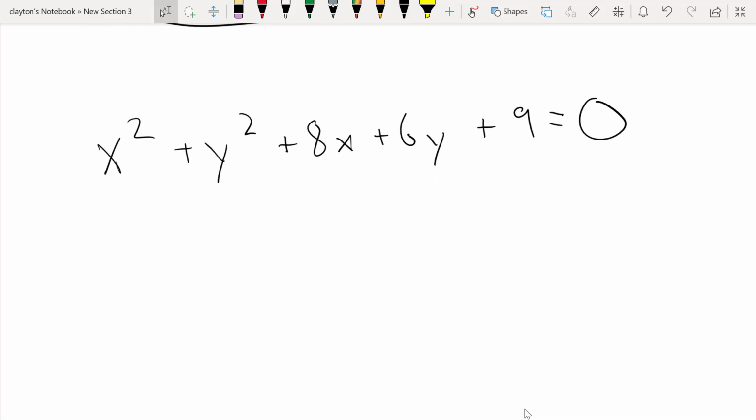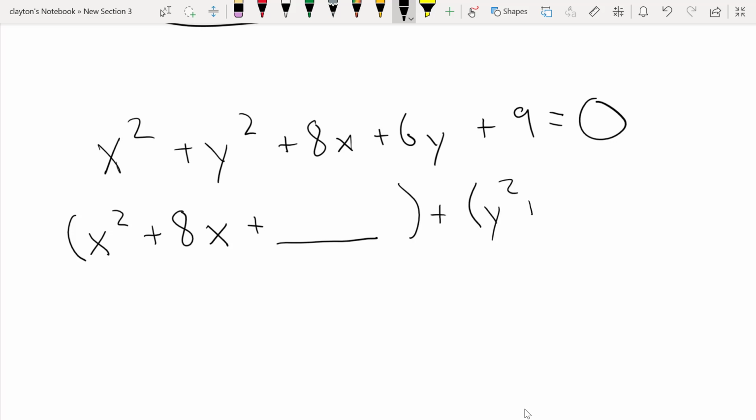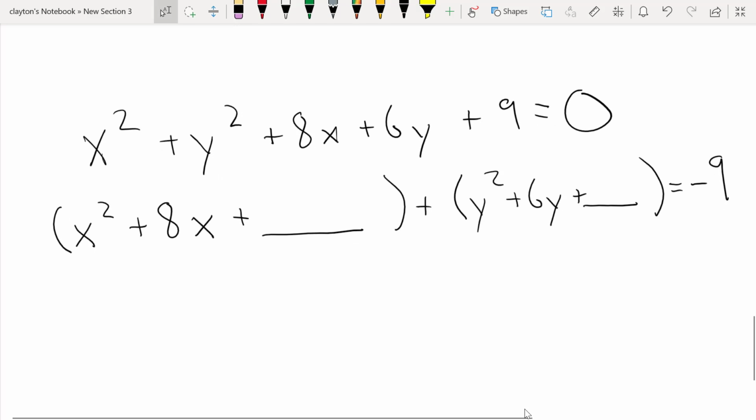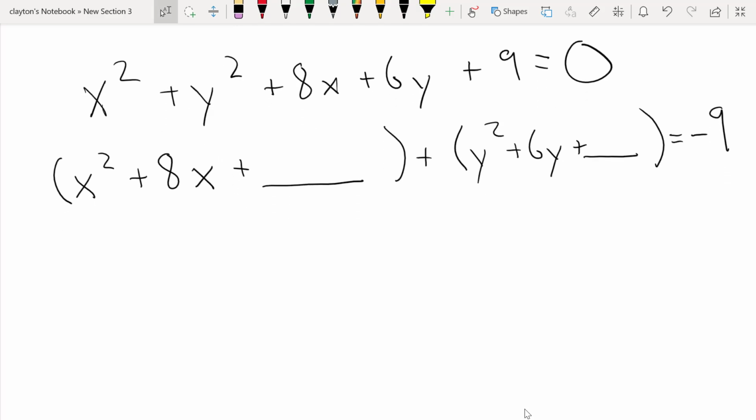I need to group the x's with the x's, the y's with the y's, and I'm going to move anything that isn't an x or y to the other side of the equal sign. And I'm going to leave a blank here, same way I did in the previous problem. Now if I move the positive 9 to the other side, I get a negative 9. So be careful there.